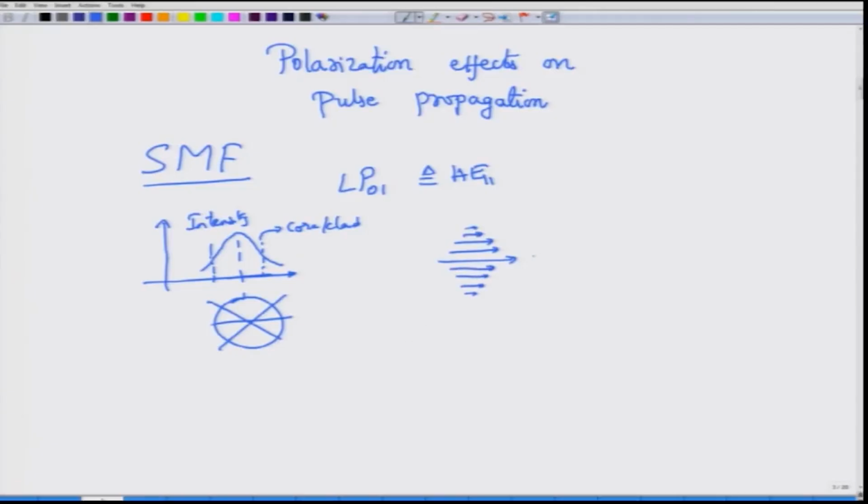If these horizontally directed segments are considered X polarized, then you have what is called the X polarized LP01 mode. And then you can of course have a polarization that is vertical, in the Y direction. This would be called the Y polarized LP01 mode.